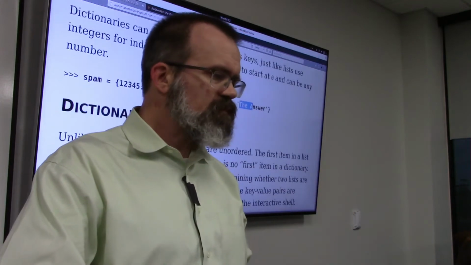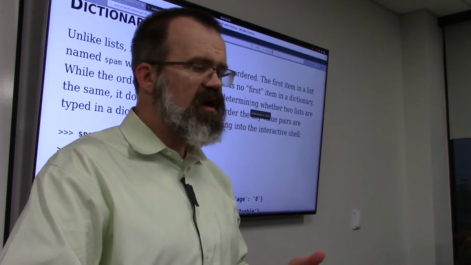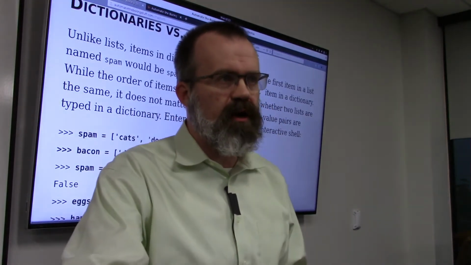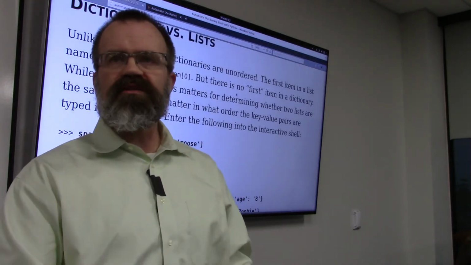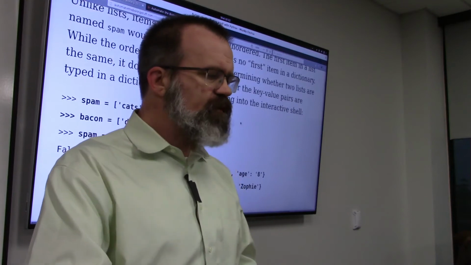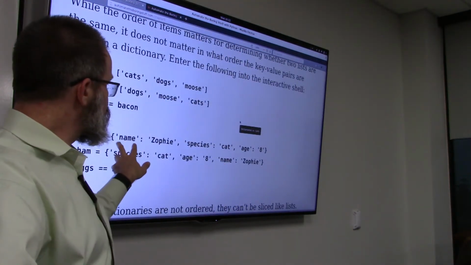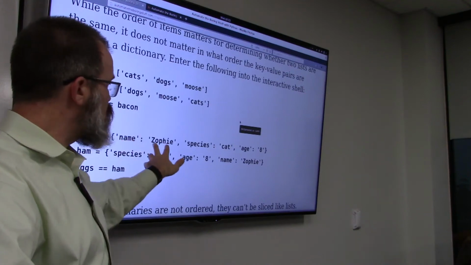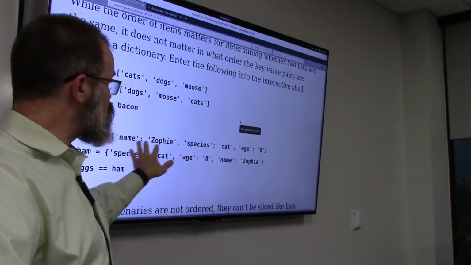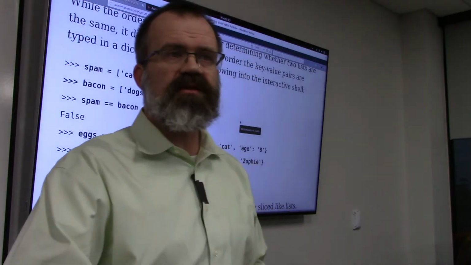So one of the key things that's different between a dictionary and a list, apart from the key and the value, is that dictionaries don't have ordering. So in a list, you can talk about the first thing in the list. In a dictionary, even though in this case, this dictionary eggs seems to have a key value pair named with the value of Sophie, this is not actually the first element in the dictionary, because there is no first element in the dictionary.